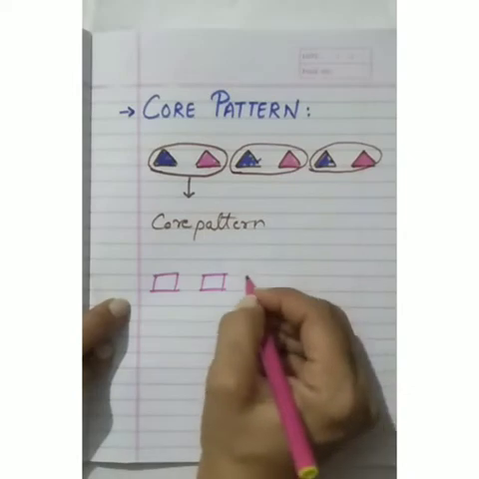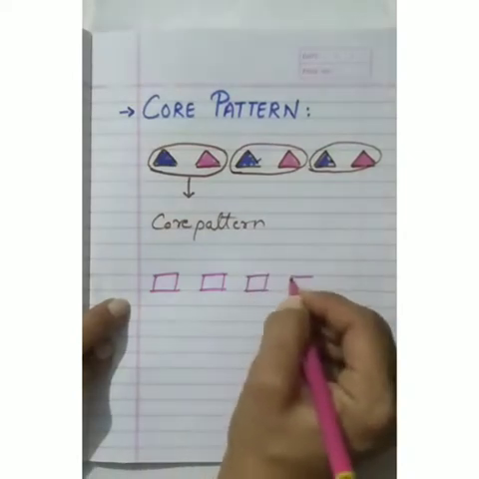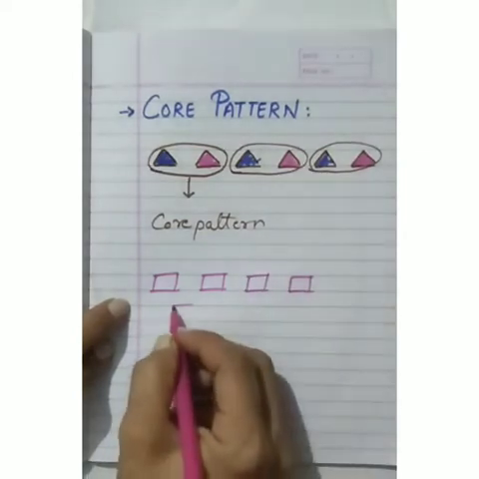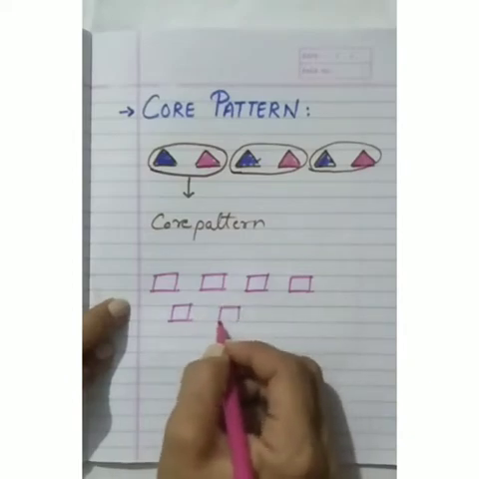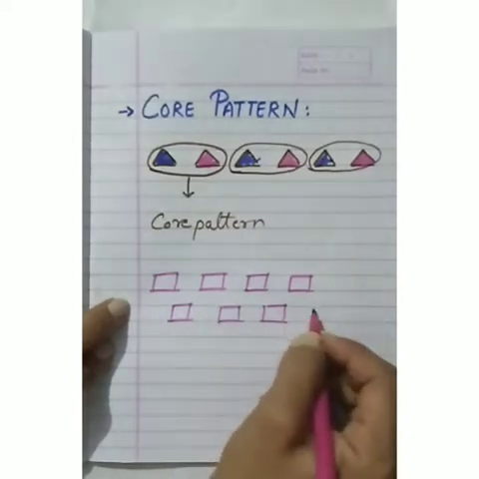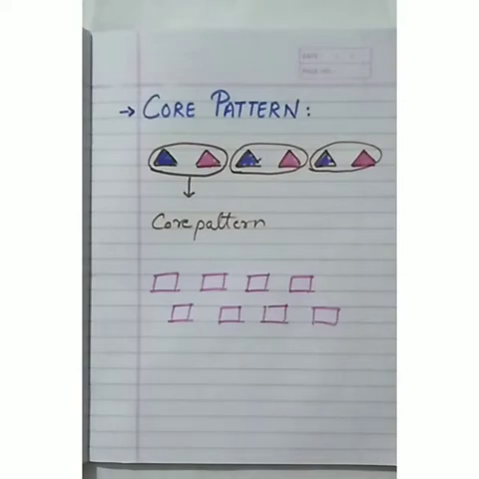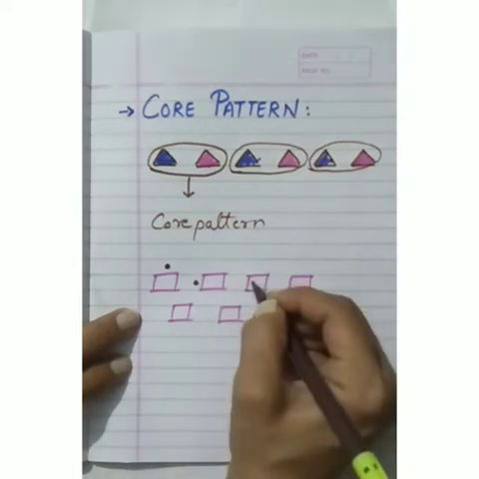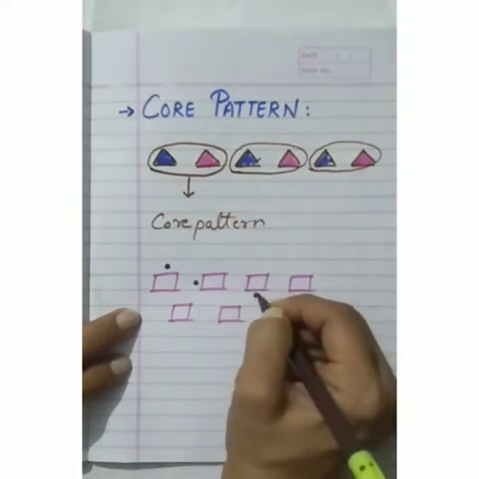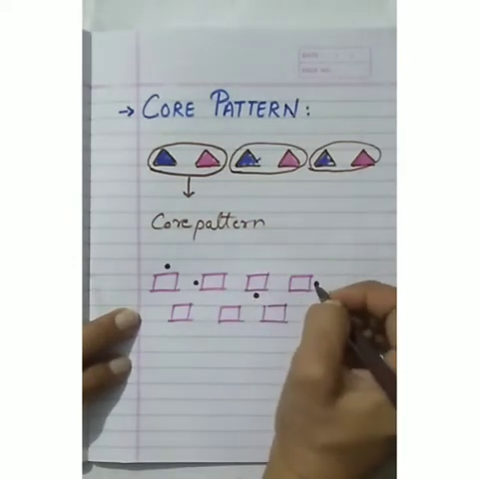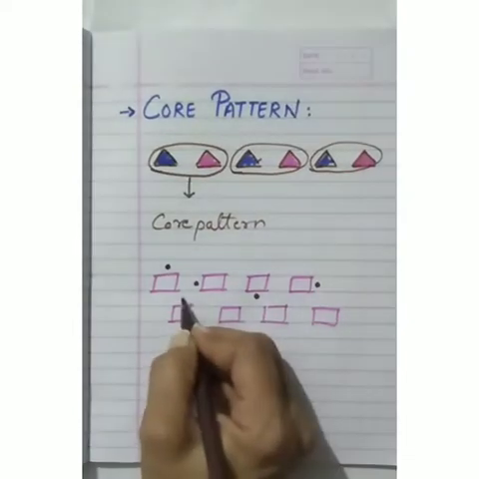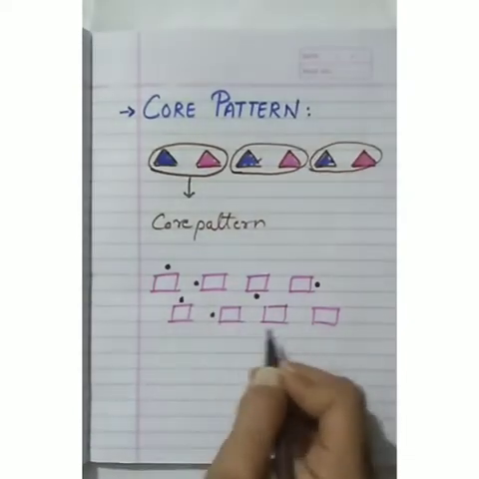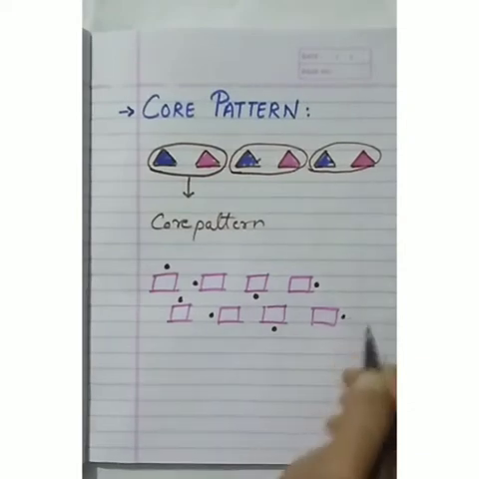I am drawing a few squares. Okay, in this square, I am here. So, here the pattern of dots, how they are arranged, is repeated.